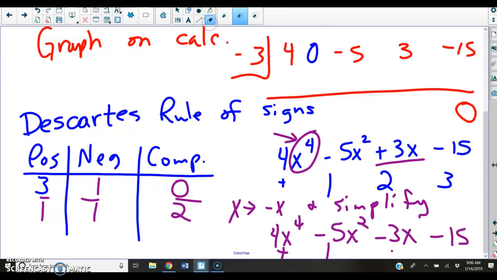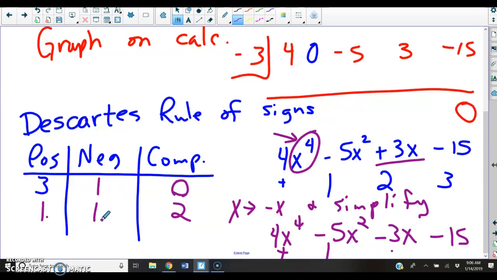So we can have 2 complex roots, 1 positive and 1 negative. And then there's not a possibility for 0, 0, 4 because this is 1 and this is 1, so we cannot take them out. That's all there is for possibilities.